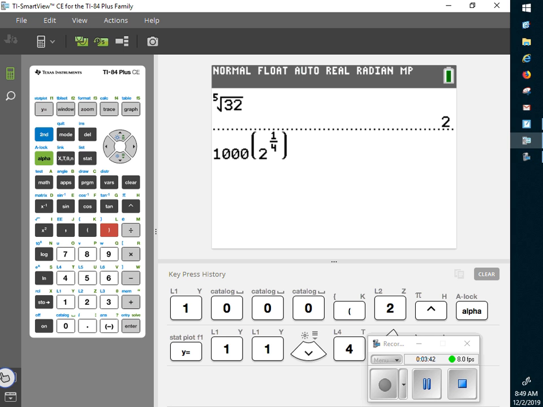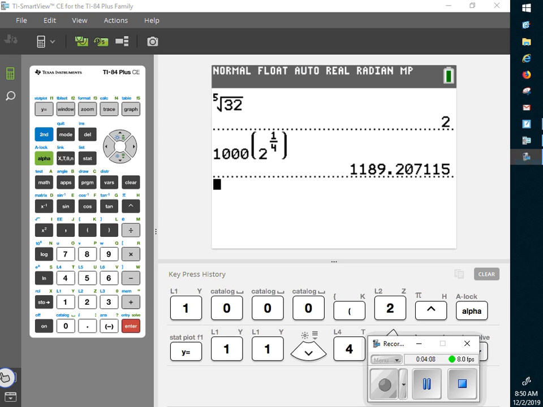Can you get it in to make it look like that? Anybody having trouble making it look like this on your calculator? You should get this answer right here.